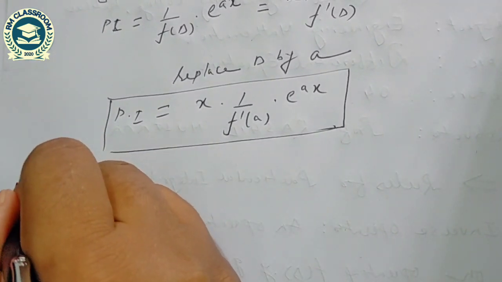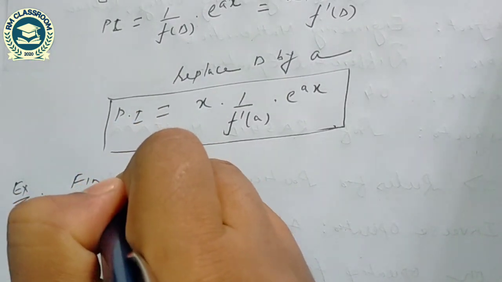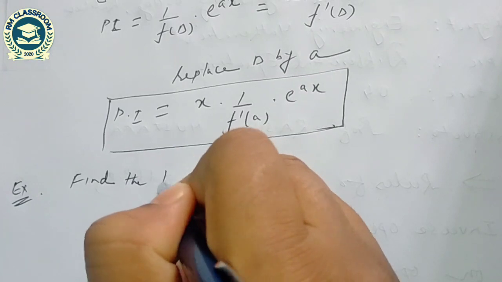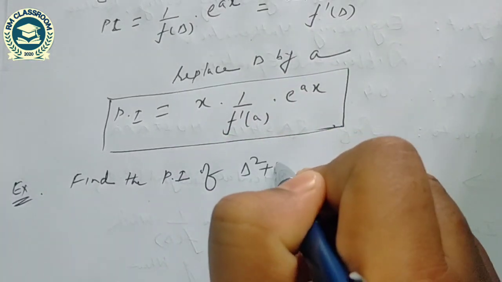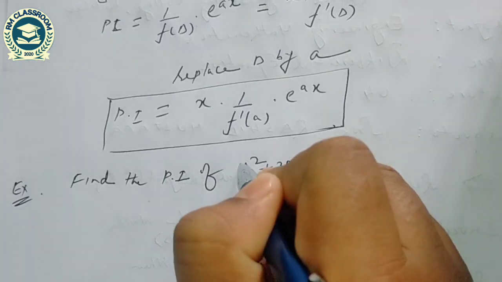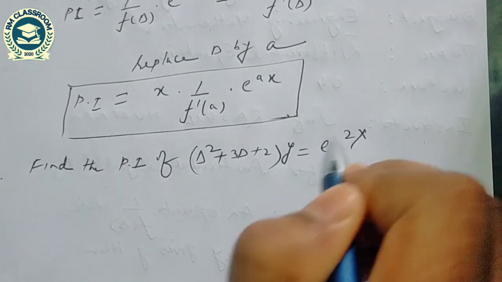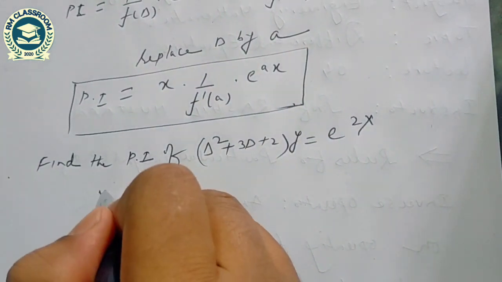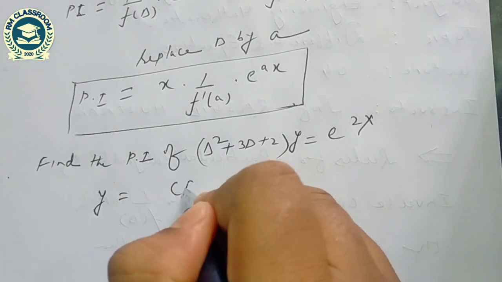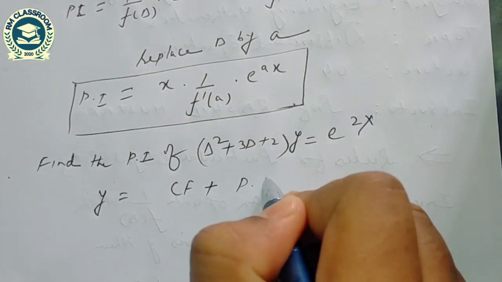Let us take one example. Find the particular integral of (D square plus 3D plus 2) into y is equal to e to the power 2x. Here the solution of the differential equation comprises complementary function plus particular integral.